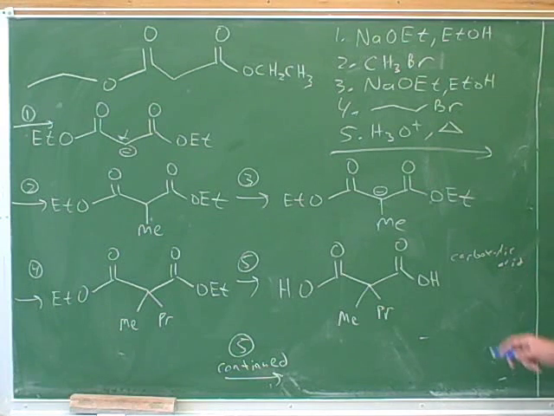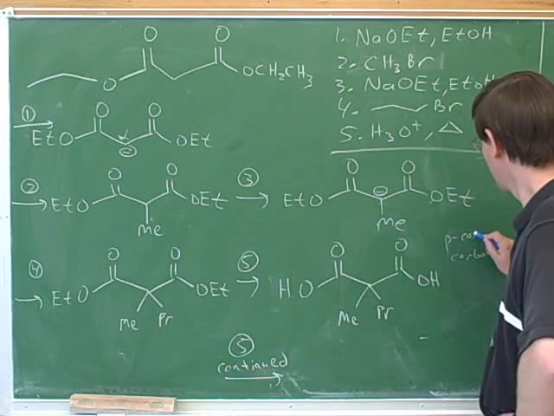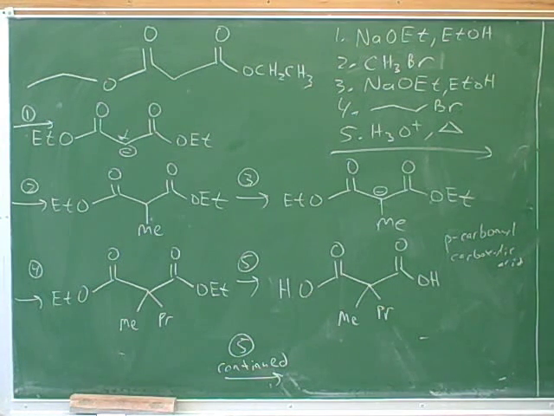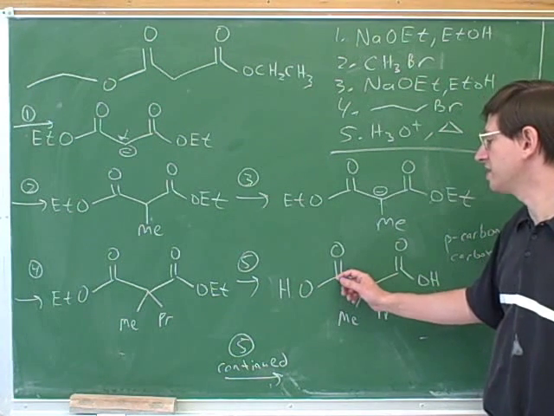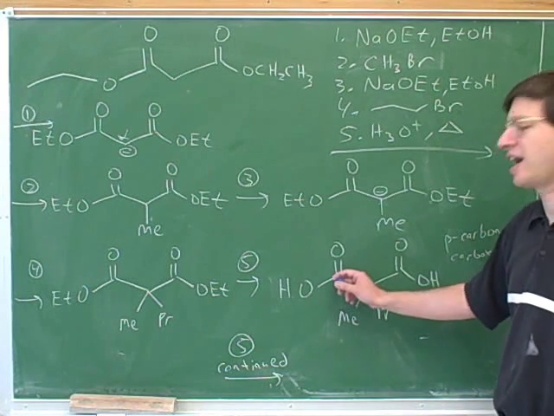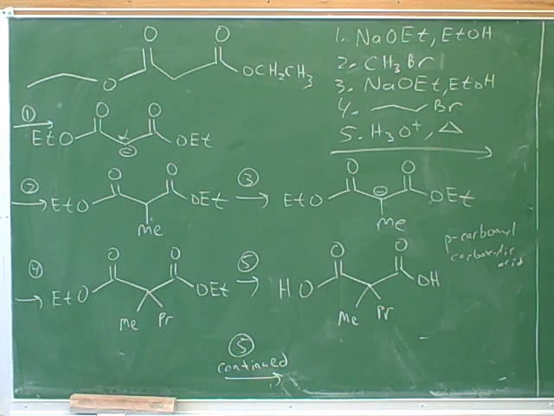The best way to put it is to say that it's a beta-carbonyl carboxylic acid. Decarboxylation can only happen for a beta-carbonyl carboxylic acid. We don't need this beta carbon to be another carboxylic acid, but it's got to be a carbonyl. In this case, it just happened to be another carboxylic acid, but that wasn't necessary. What we need is that it's another carbonyl. And it will only lose one carboxy group, it's not going to blast off. That's right, and we'll see why that is in a second.